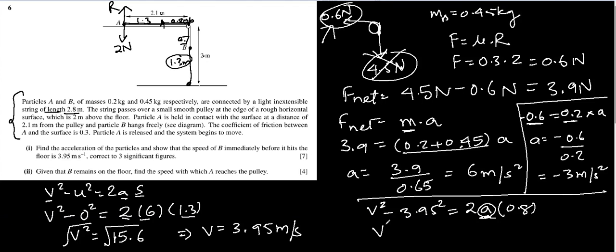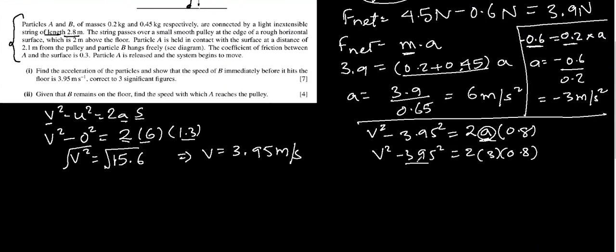So we will use that in place of this a. So v squared minus 3.95 squared equals 2 times 3 times 0.8. And now let's move this 3.95 squared to the right side. v squared equals 3.95 squared, and this was minus 3, sorry, I did not write minus 3.